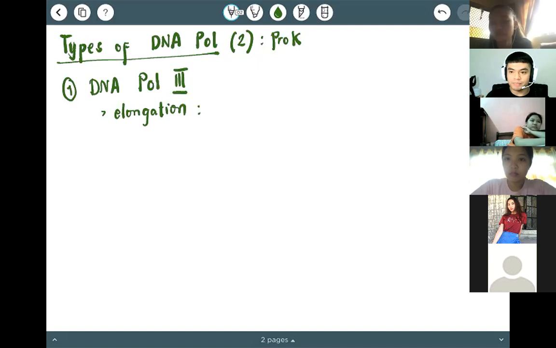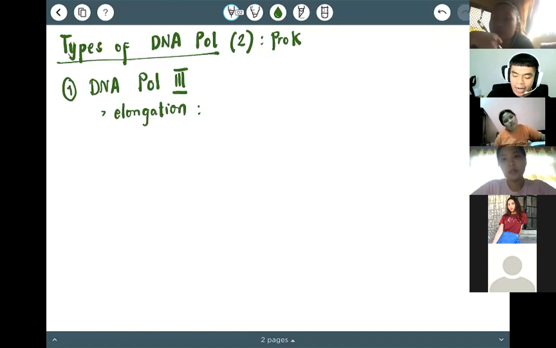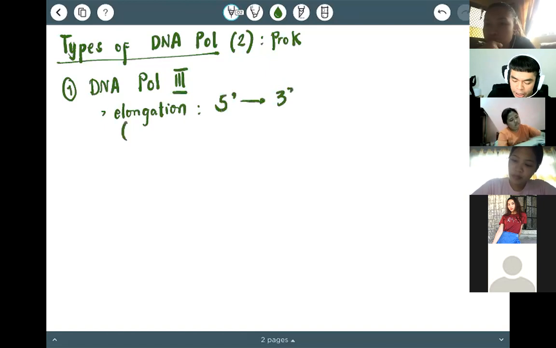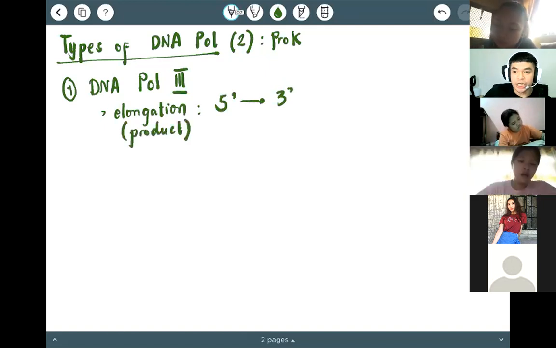And as we recall, ang DNA polymerase 3, okay, for example, is responsible for reading the template. It can read the template from 3 to 5 prime direction. That's why ang kanyang elongation action, that is from 5 prime to 3 prime. Kasi we are talking here about the product na kaya niyang gawin. So that is yung complementary strand.